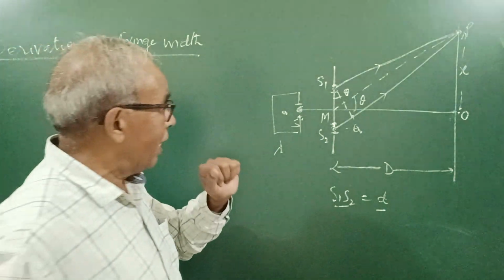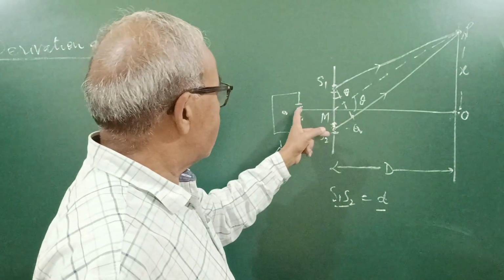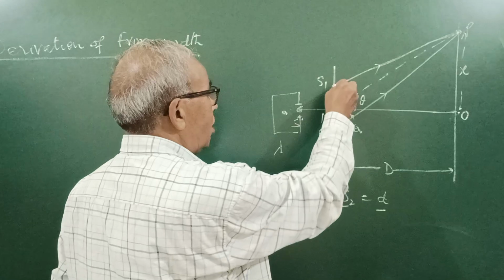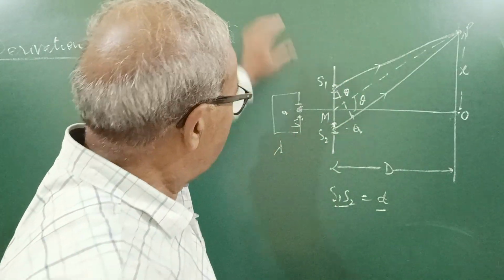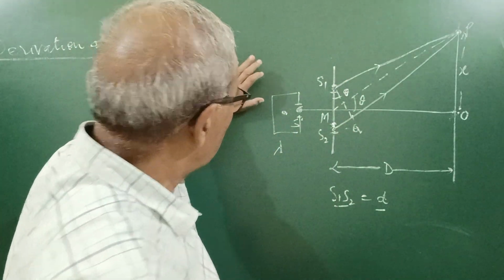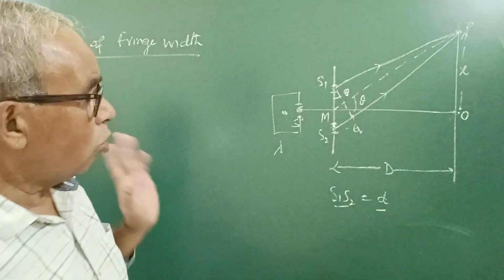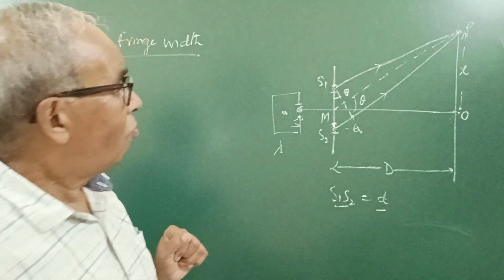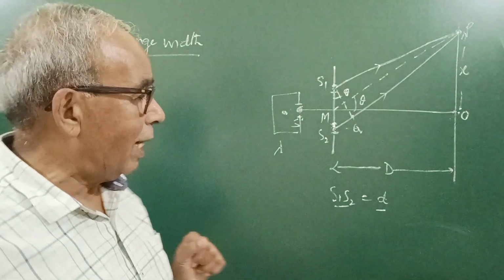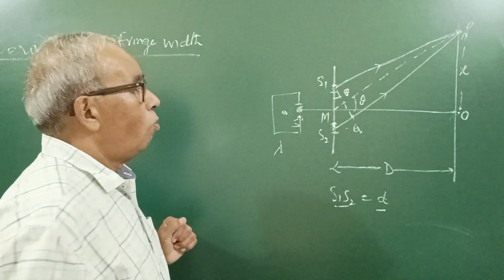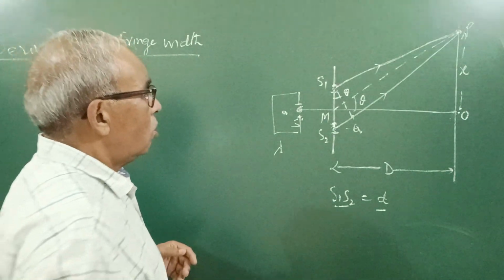I told you why. Whatever change of phase takes place here, the same takes place here. Actually, here Thomas Young took sodium light. Sodium light has two wavelengths, 5890 angstrom and 5896 angstrom, which are nearly the same.